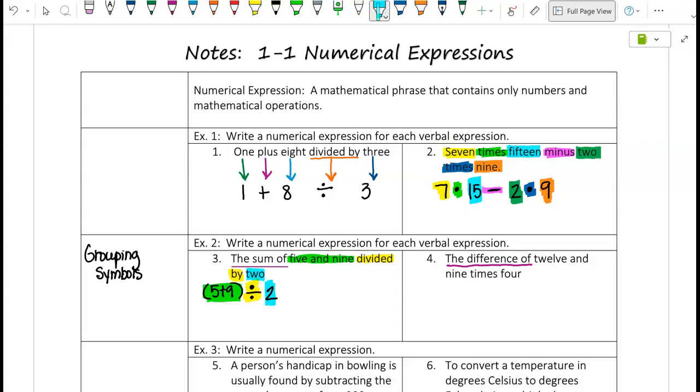If I want to do 5 plus 9 before I divide by 2, that ends up going into my numerator, and then I use a fraction bar to show division. So what I have written on the left is correct. It does match the verbal description, but how we would see it more commonly written is the 5 plus 9 on the top, the 2 on the bottom, because we have to add before we do that division.